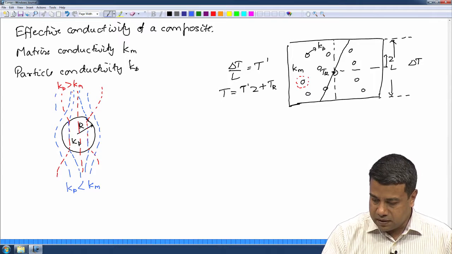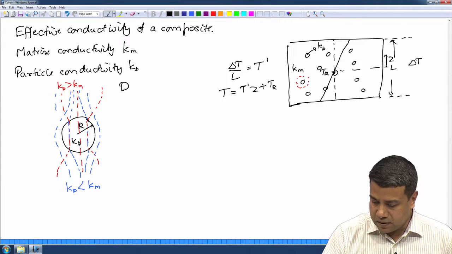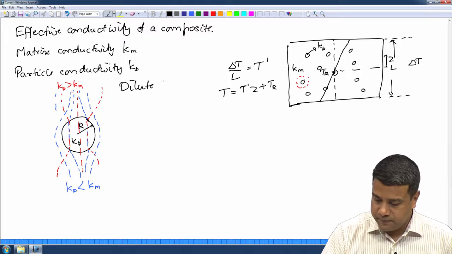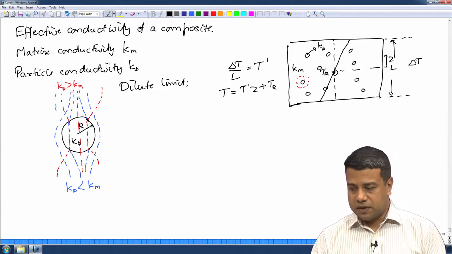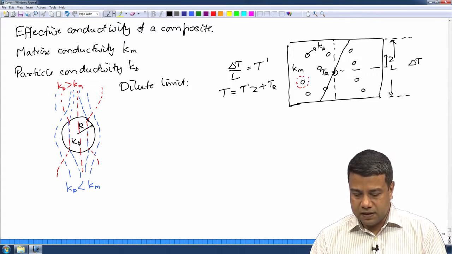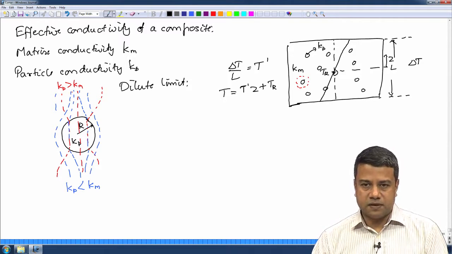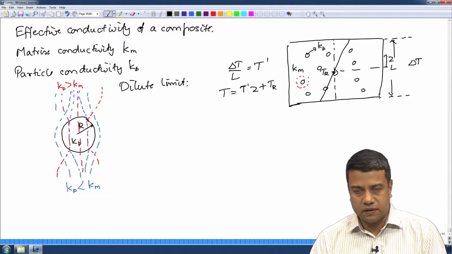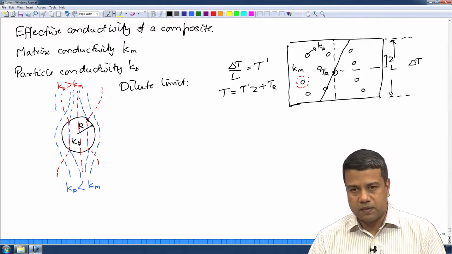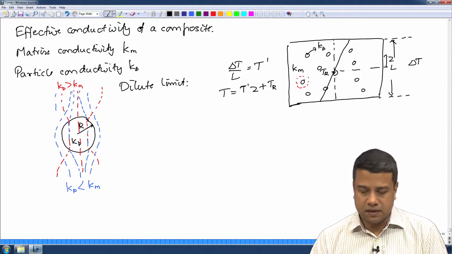And I will consider this problem in what is called the dilute limit. What I mean by the dilute limit is that the disturbance of the temperature field due to one particle does not affect the temperature field around another particle. We will come back and see under what conditions that is valid.